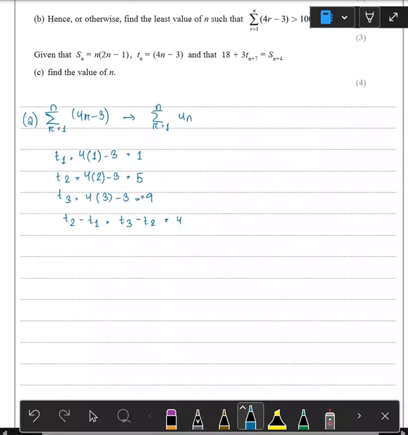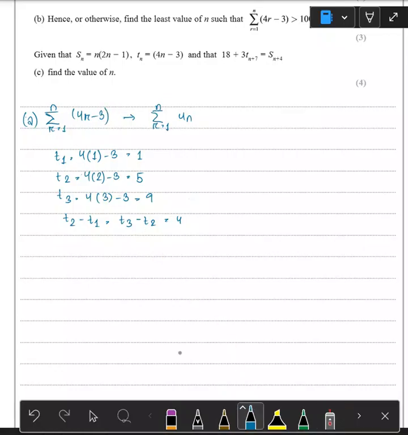So I can say that this sigma notation, this summation, is for an arithmetic progression. That is the first thing you should do when something is given in sigma notation: identify whether the given expression is for an arithmetic progression or a geometric progression.